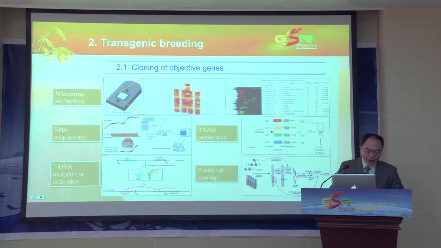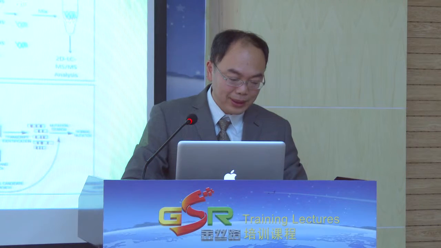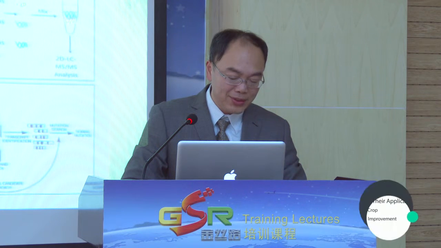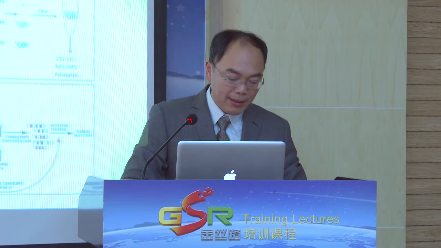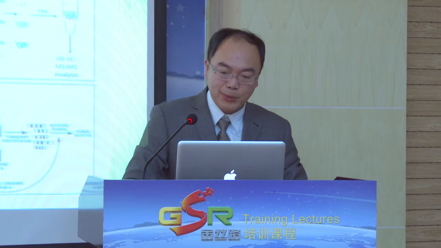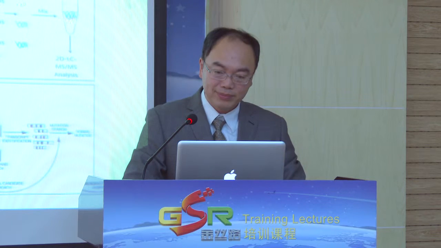When sample libraries are hybridized with the gene chip, the expression profile of tens of thousands of genes can be seen simultaneously. By comparing their expression profiles, candidate genes can be easily identified.